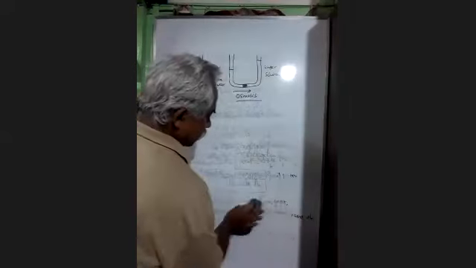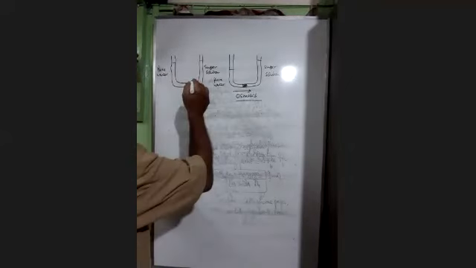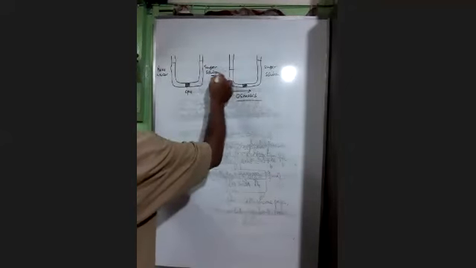What is osmotic pressure? See here, I want to stop the flow of the pure water from the left arm to the right, but it is a spontaneous process. I cannot put up a notice here, no entry. Then how to stop? We want to stop osmosis.